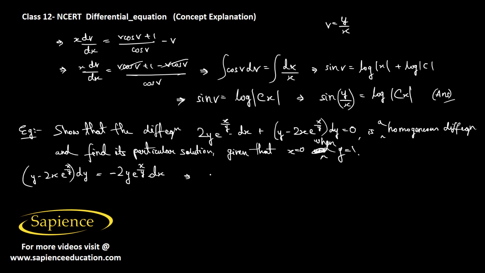So then this can be written as dx by dy equal to 2x e power x by y minus y divided by 2y e power x by y. So this we can write also as f of x comma y.